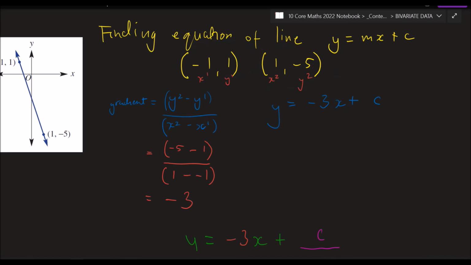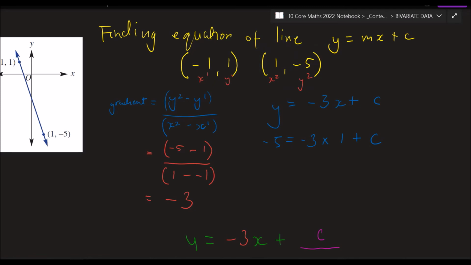Anyone want to pick what coordinate to use? Ruby, you pick this one? Okay, cool. I can see that y is -5, so let's change y to -5. So -5 equals -3 times, and then x is 1, plus c.